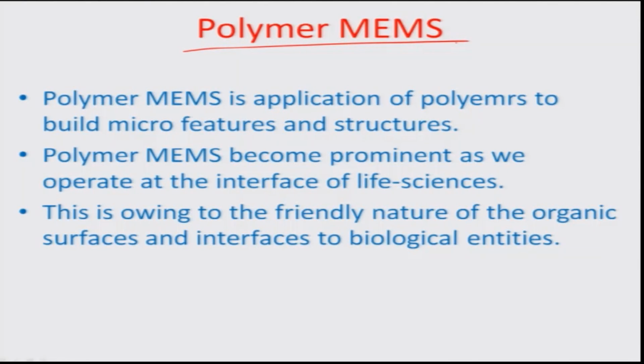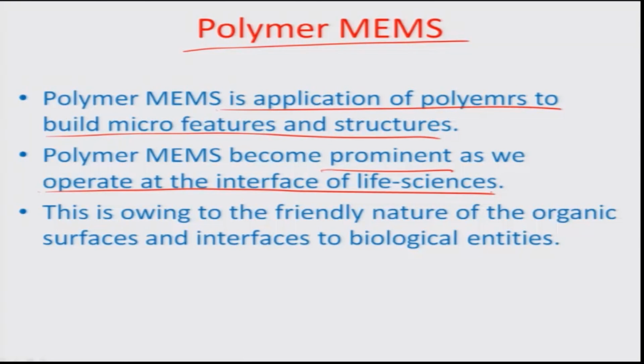So, polymer MEMS is basically the application of polymers to build micro features and structures, and it has become very prominent because you operate these devices mostly nowadays at the interface of life sciences.